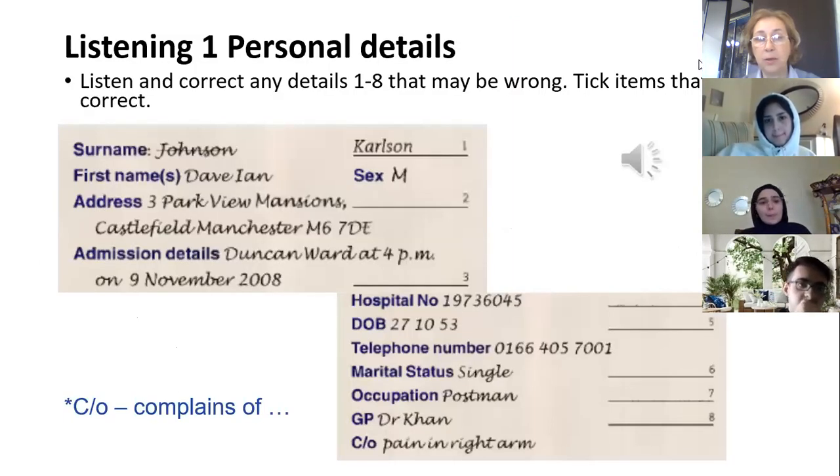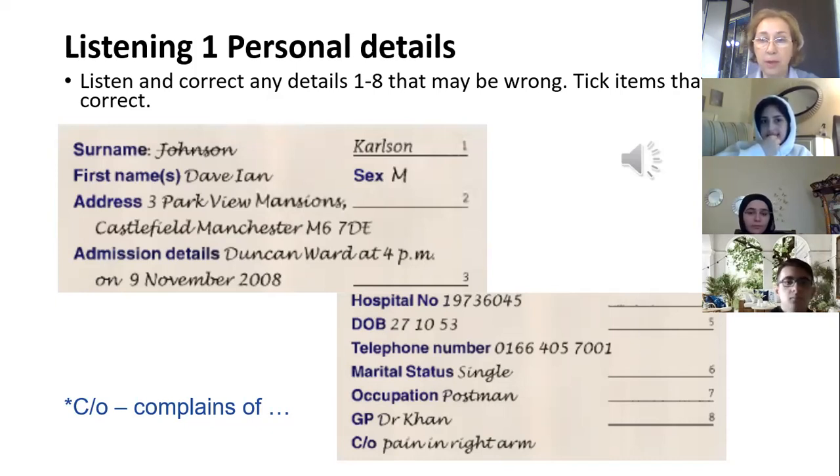Well, can we move? Yes. Unit 1. So just a minute. This is the listening task about taking personal details. We are going to listen to the conversation between the receptionist and a patient, and we should correct the details that may be wrong and tick the items that are correct.